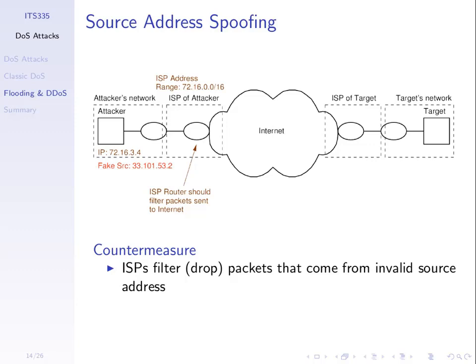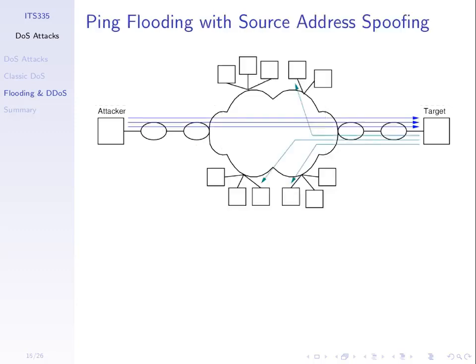So what happens, we send the ping packets to the target, it gets them and replies to some fake or some other computer. The benefit, the attacker doesn't get the response messages. Another benefit, the target can't identify the attacker. They see it as someone else. So that's the use of fake source addresses.